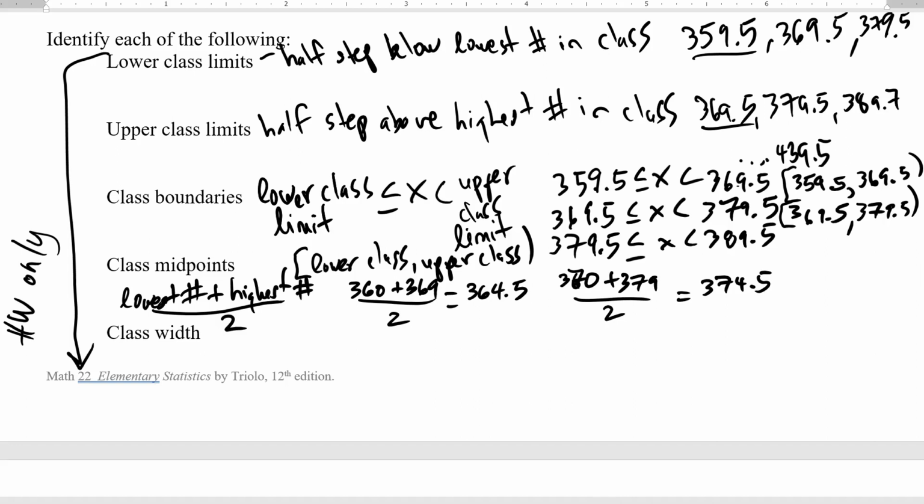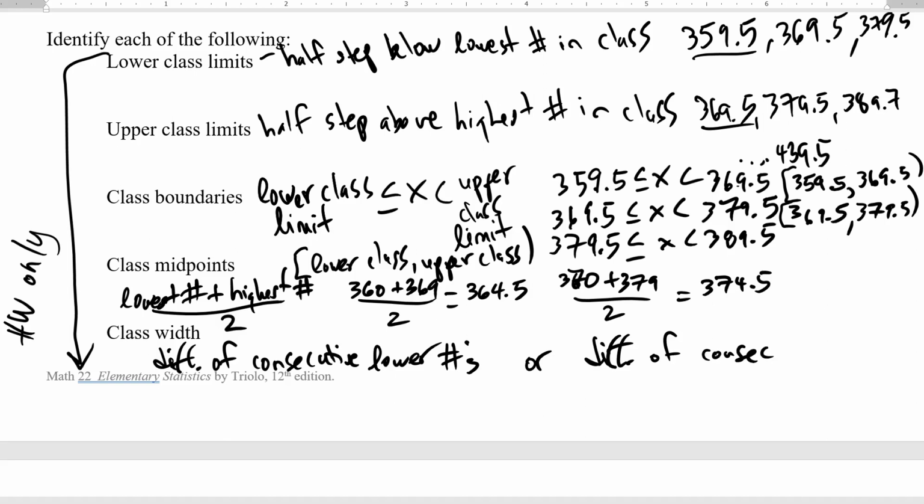To do the class width, it will either be the difference of consecutive lower numbers or the difference of consecutive highest numbers in a class. So our first lowest number was 360. Our next consecutive lowest number was 370.